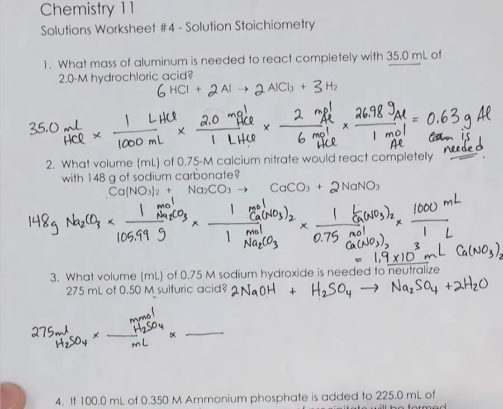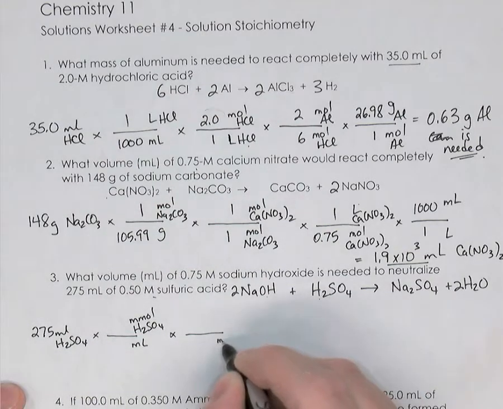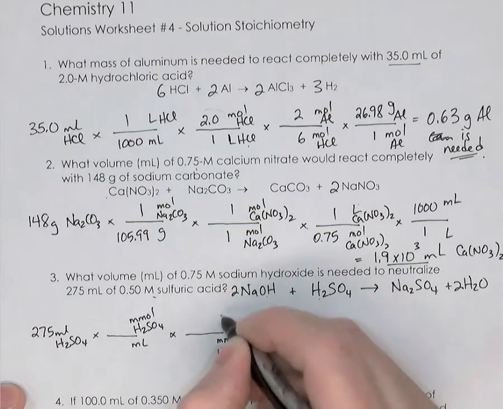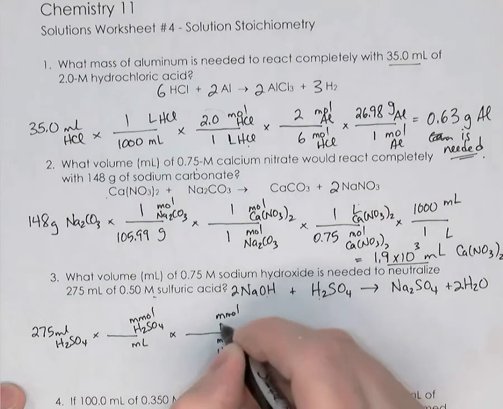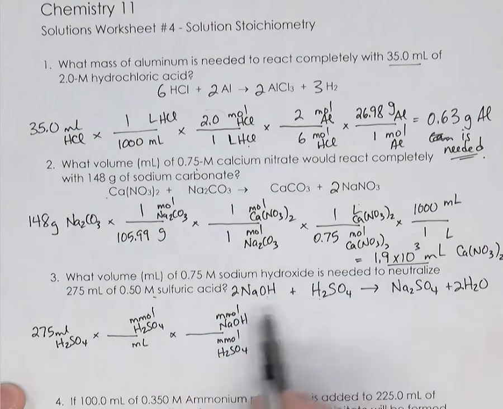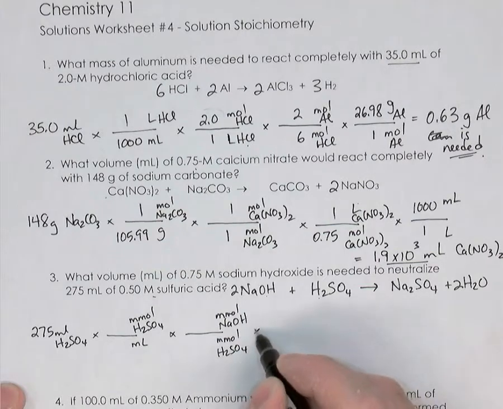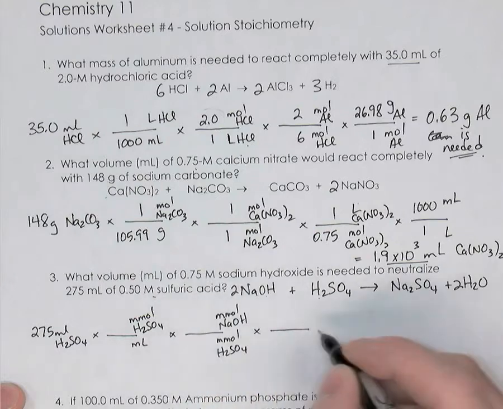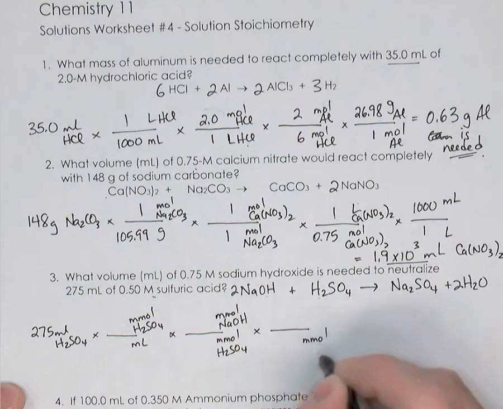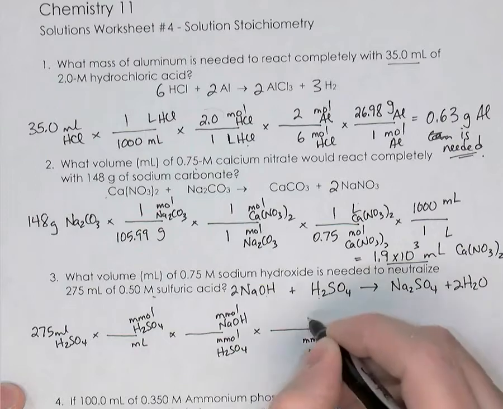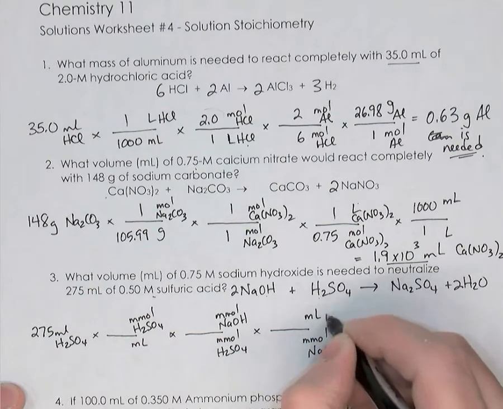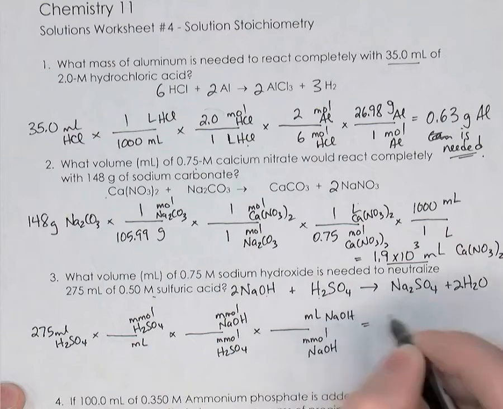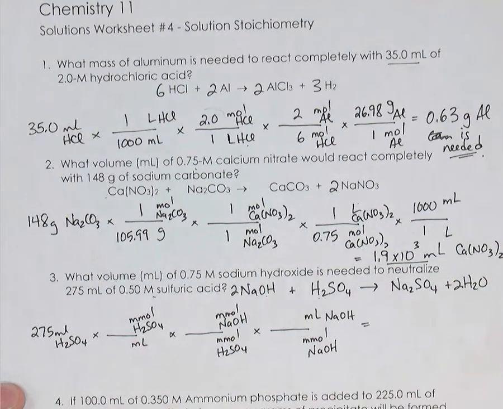If that really bothers you, then just go ahead and convert the milliliters to liters and then use moles instead of millimoles. In my balanced equation, I can see the ratio between the millimoles of the sulfuric acid and the millimoles of the sodium hydroxide is going to be a 2-to-1 ratio. And then using the concentration of the sodium hydroxide, we can convert the millimoles of sodium hydroxide back to milliliters of sodium hydroxide, which is what we're trying to find, what volume of the sodium hydroxide will react with the 275 mL of the acid.